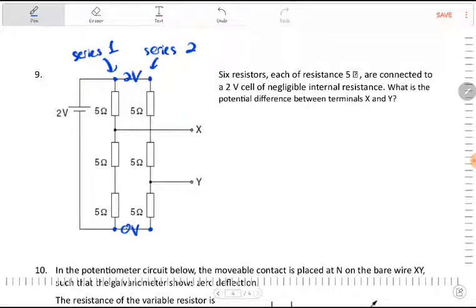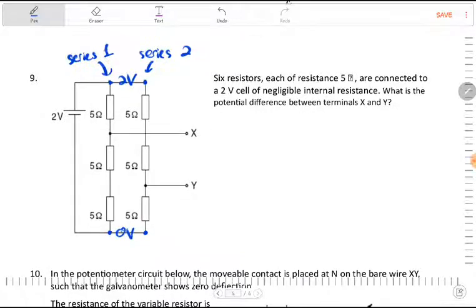potential at point X. Let's name it Vx. So it's this point actually. The 5 ohm resistor will tell you what value Vx is, because it will drop a particular amount from 2 volt to Vx. So how much has it dropped?